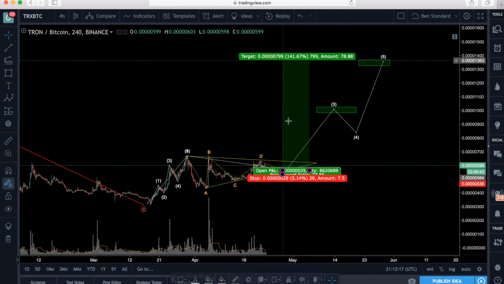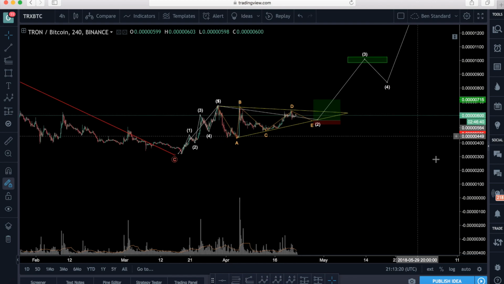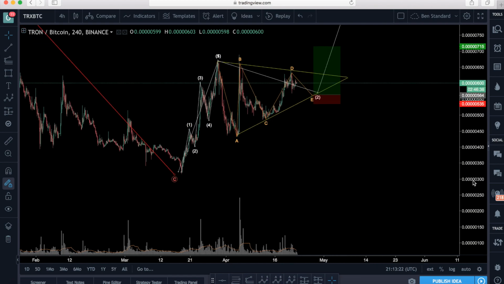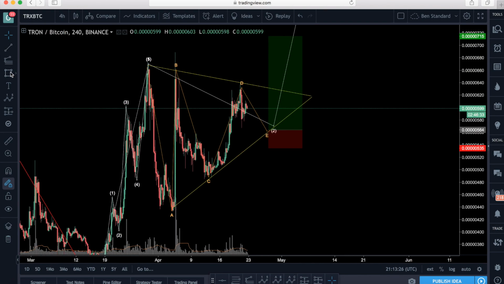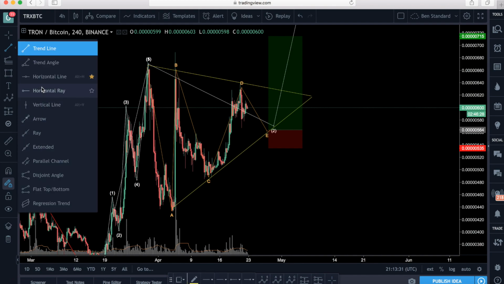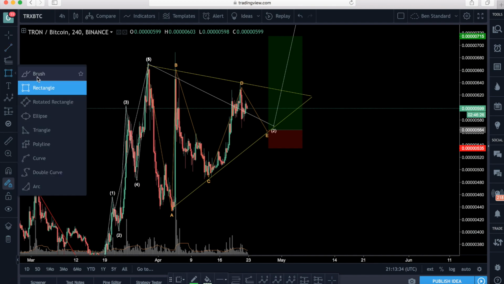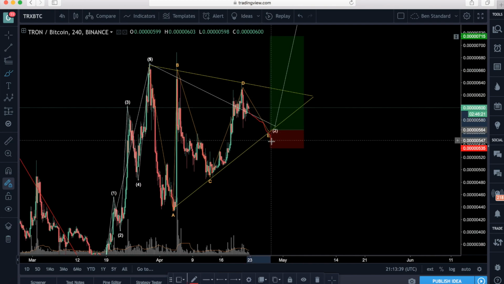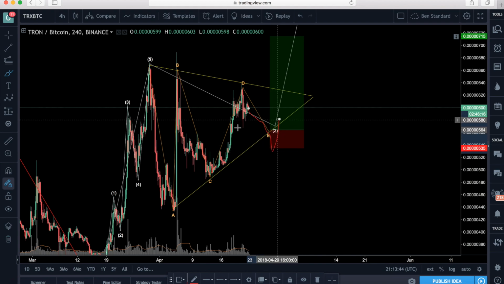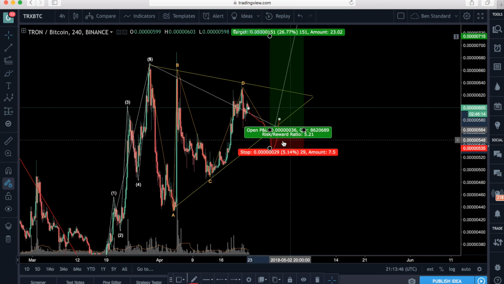The thing with stop losses is that, let's say the price goes down like this and then below this area, but then goes back up, you would get stopped out, so the order would close and you would lose 5%.